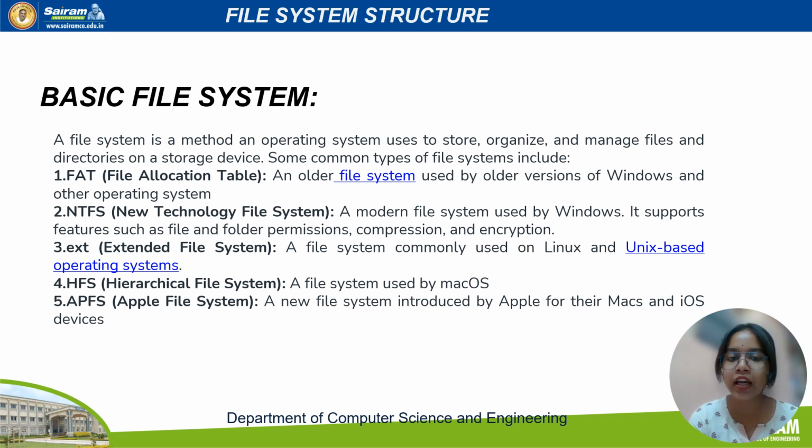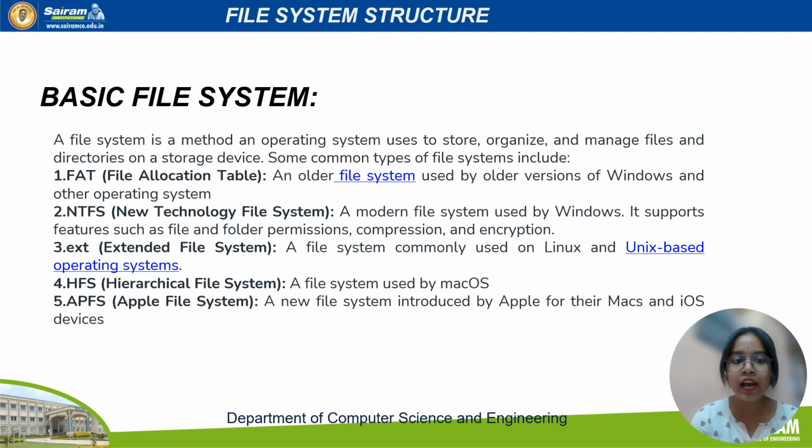Some of the common types of file system include FAT, the file allocation table, an older file system used in older versions of Windows and other operating systems. In basic file systems, we have five types: first is the file allocation table, next is the new technology file system, then the extended file system, the hierarchical file system, and the Apple file system.